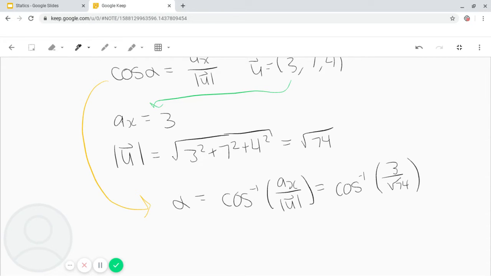And this is all equal to, rounded to the nearest degree, 70 degrees.